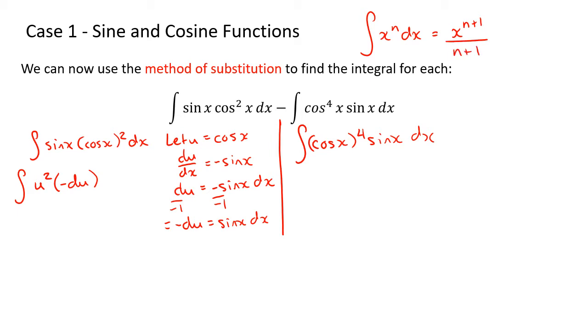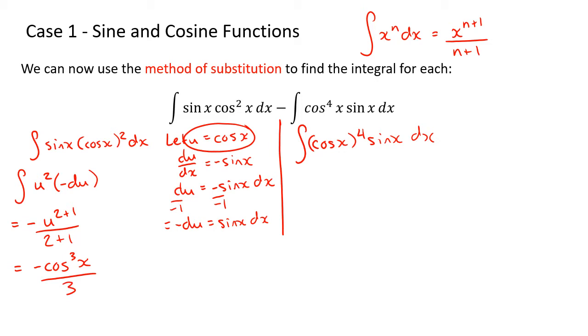So if we do that, we'll move this negative outside and we'll simply do the integral. So we get negative u to the 2 plus 1 divided by 2 plus 1. In this case, we'd have plus a constant, but we'll add the constant at the very end when we're done the integral. So if I substitute in the function for u, what we get is negative cosine cubed of x divided by 3.